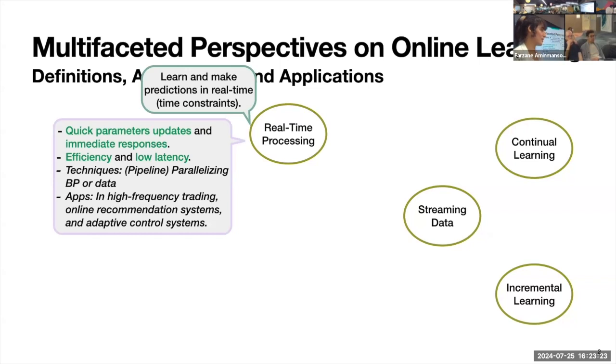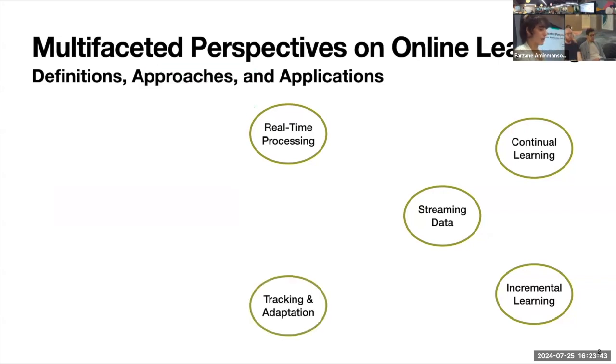So two things are key in real-time learning: efficiency and latency. You want low latency and high efficiency. The category of solutions trying to deal with this perspective is parallelizing backpropagation or the data processing, either of them.